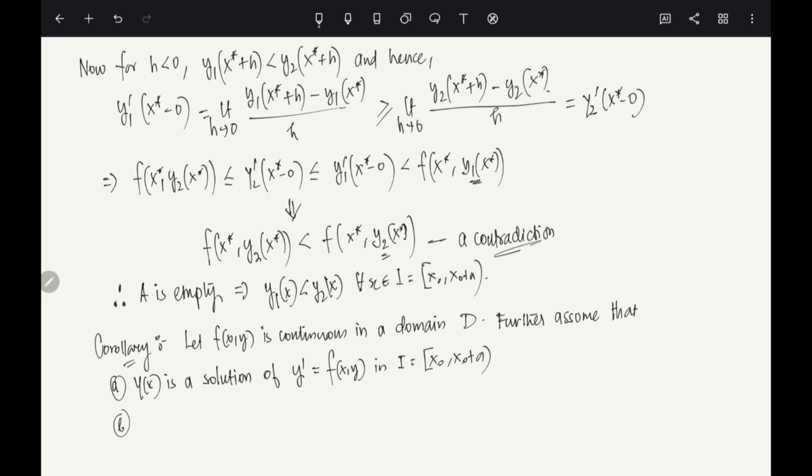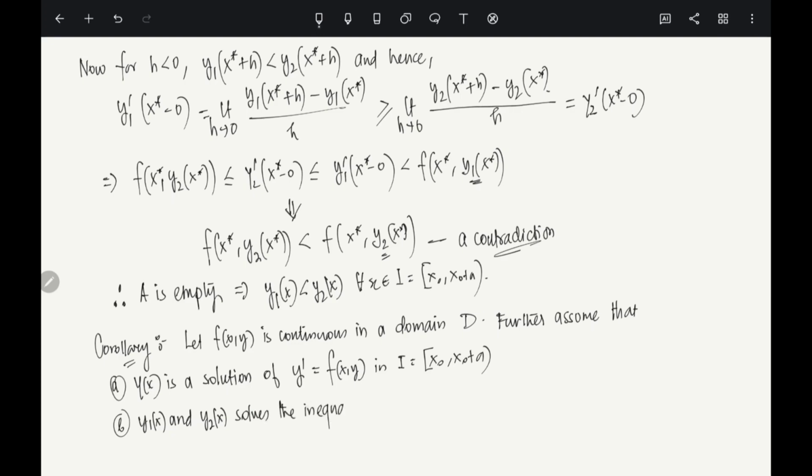I am starting with y, which is the solution of this equation, and y1 of x and y2 of x solve the differential inequalities.